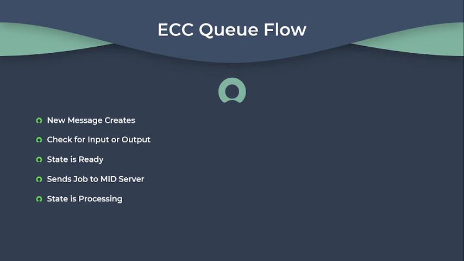If the ECC Queue determines that the message is ready for processing, meaning all necessary information is available and prerequisites are met, it moves the message to the ready state. In this state, the message is queued and waiting for processing by the MID Server.